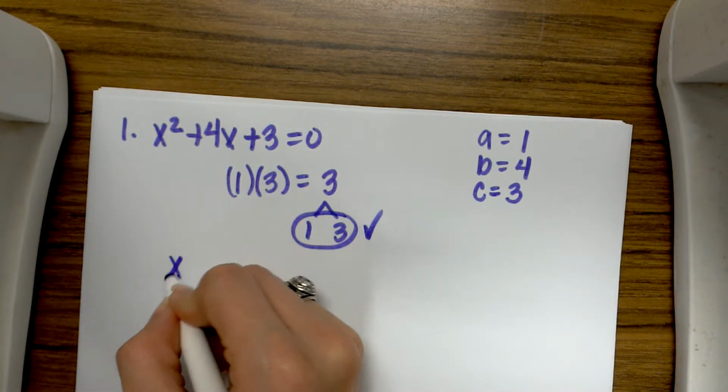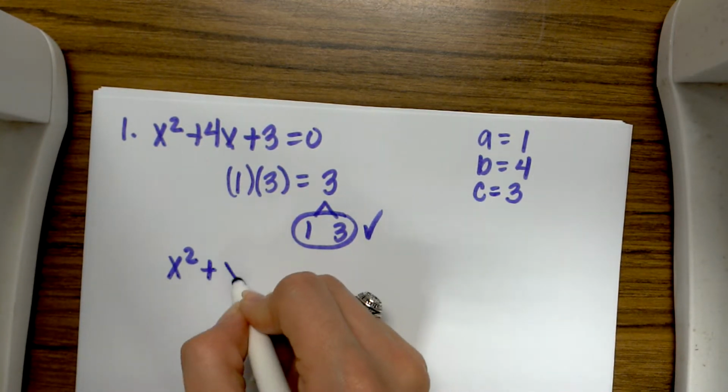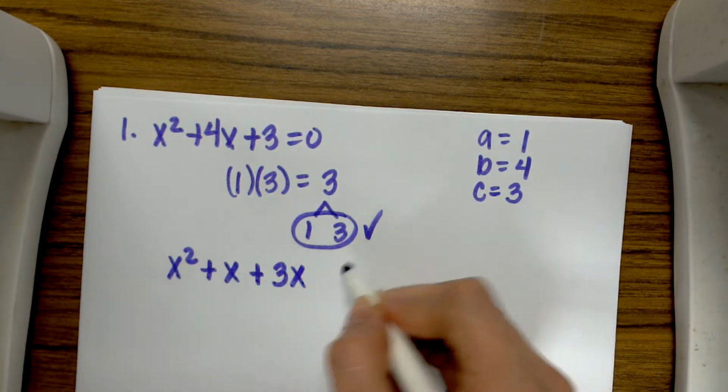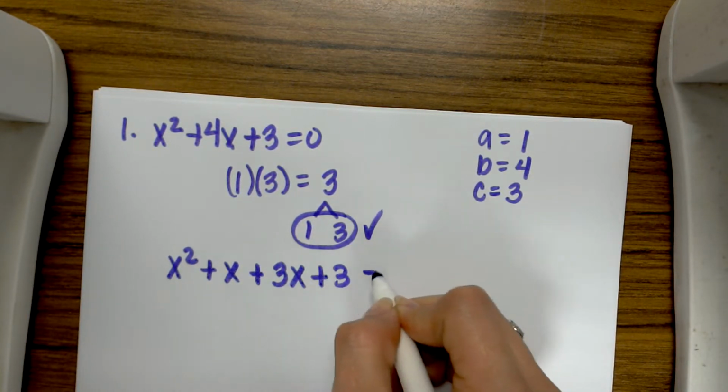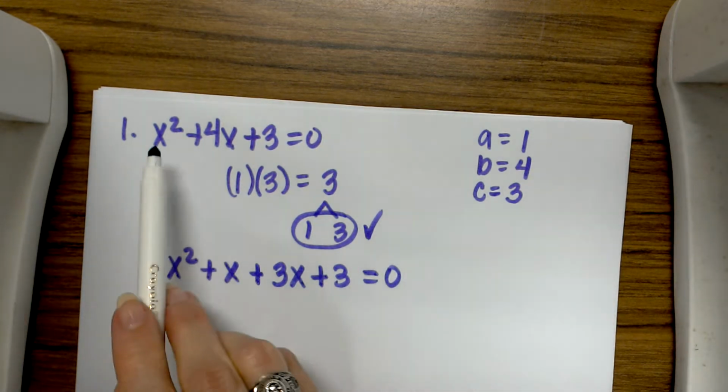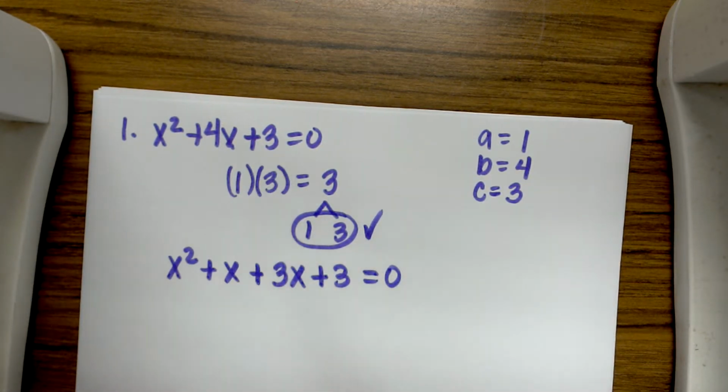So we have x squared plus x plus 3x plus 3 is equal to 0. This equals this. They're the same thing. The only thing is my x's are expanded here.